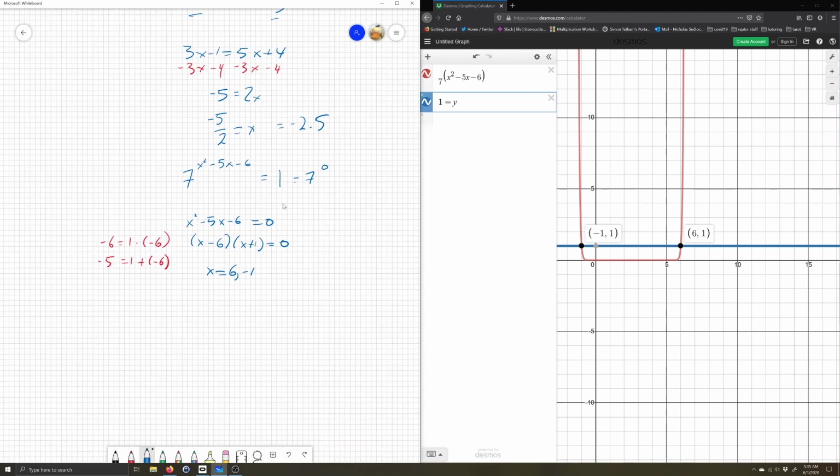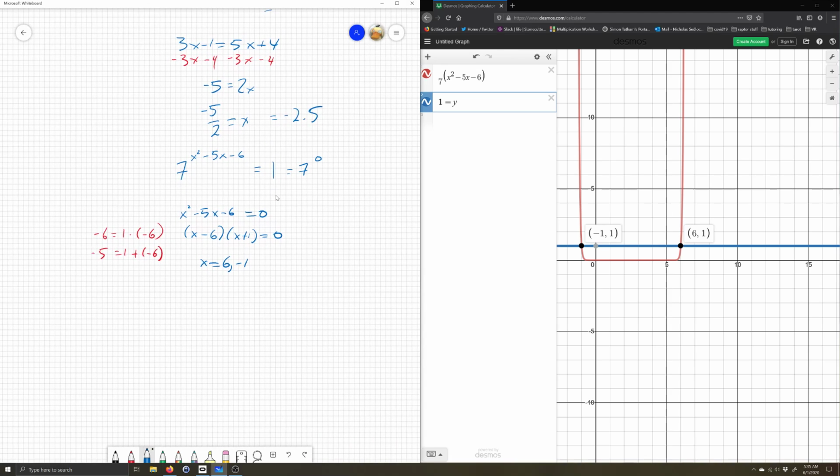A slightly more advanced version of this is, what if I gave you something like 4 to the x plus 3 equals 2. So 2 is not obviously a power of 4, but 4 is a power of 2.